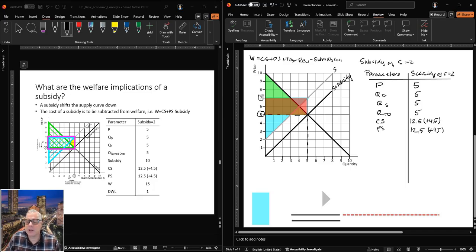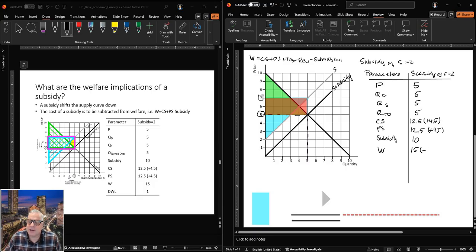Okay, so now we have here the subsidy cost, which is 5 times 2, which is 10. And of course there's no tax revenue, so total welfare is now 12.5 plus 12.5, that's 25, minus 10, that's 15.